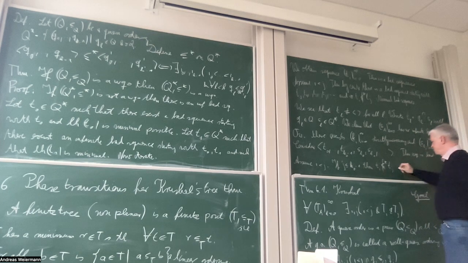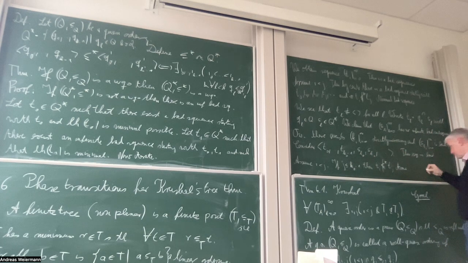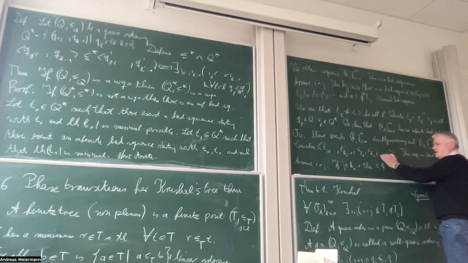Now what can happen? Could be that we are here at k0, and then we have here 2 indices which are bigger than k0.